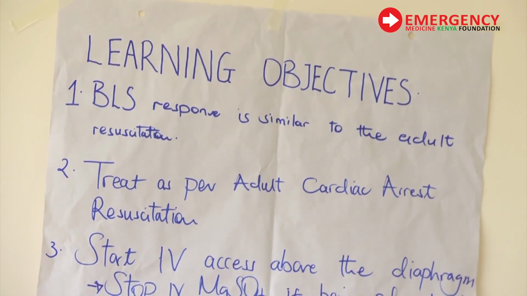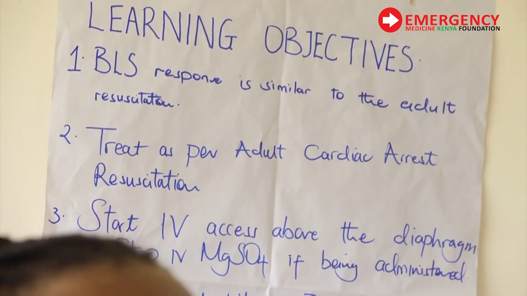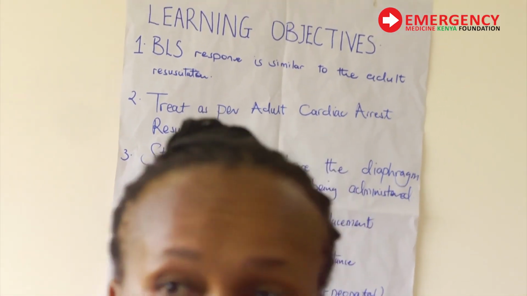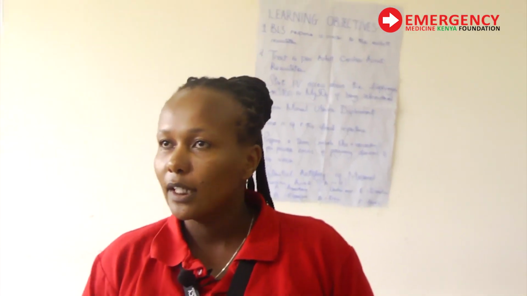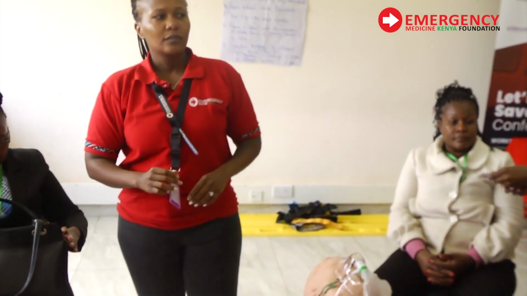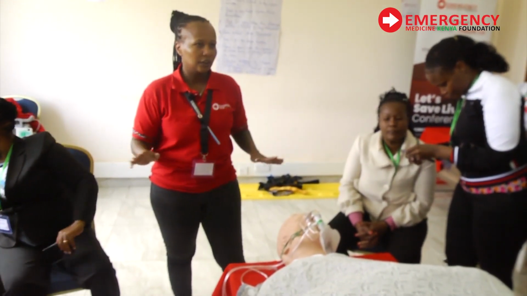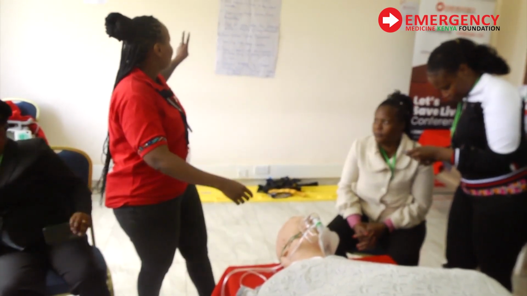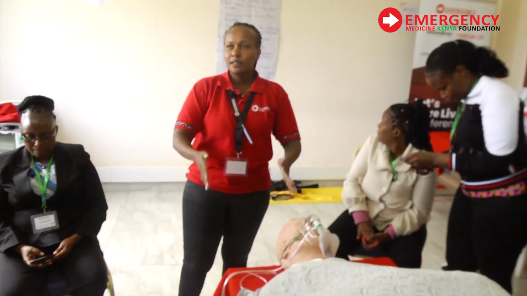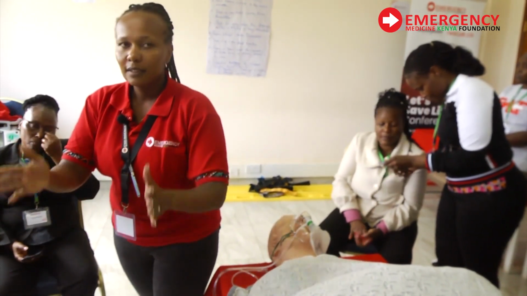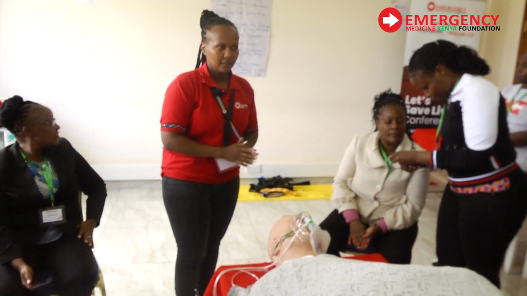What I mean is you will assess the scene, you will ensure safety first, you will scream for help, you will try and stimulate your patient, you will check for a pulse. Are we clear? That is the same across the board. That doesn't change.